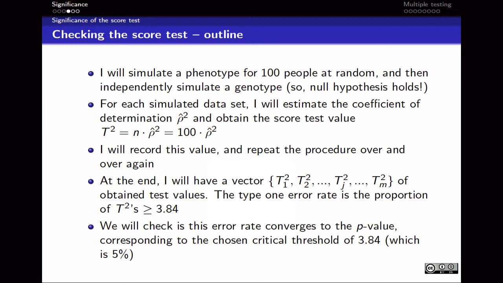And we're going to check if this error rate converges to the p-value, and we know that for the score test with a critical threshold of 3.84, 5% of the distribution is beyond that point, so the p-value is 5%.